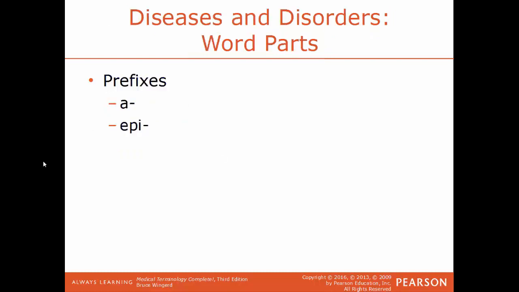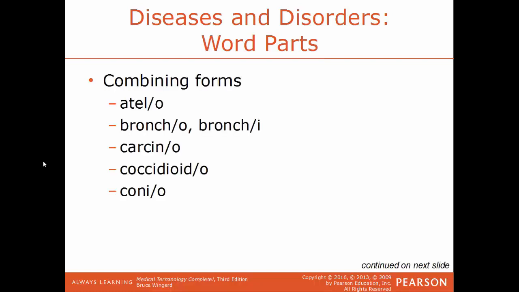Alright, now we'll talk about some diseases and disorders and their word parts. Start with the prefixes, ones we've already seen before. A means without or lacking. Epi means above. Some common combining forms that you'll see. The first one, atelo, means incomplete. Broncho or bronchi is a reference to the bronchioles or the bronchial tree.